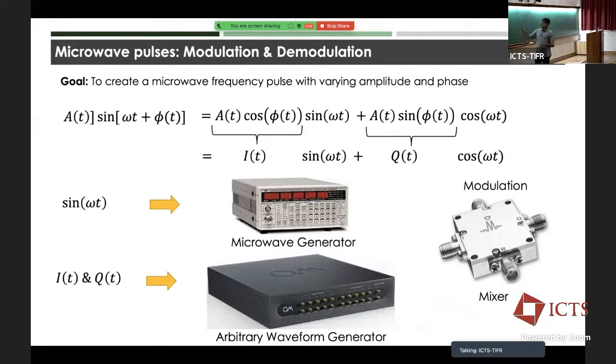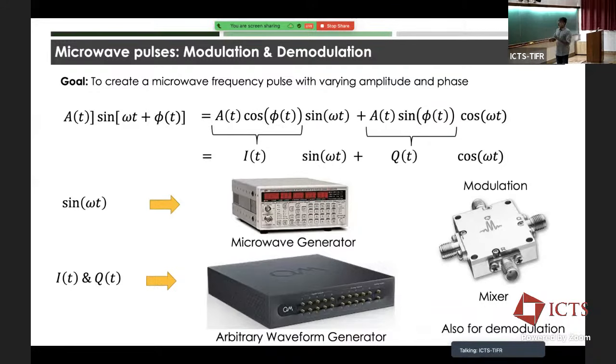So if the same thing was sent to another mixer, the whole process will happen in reverse, and you can recover I and Q. Why am I mentioning that? Because this is exactly what happens in the measurement process. Remember, the measurement also is a high frequency signal whose phase I'm trying to detect. And this is exactly, I want to know what the I and Q values are to extract the phase of that signal. So we do this in reverse at the end of the cycle as well.